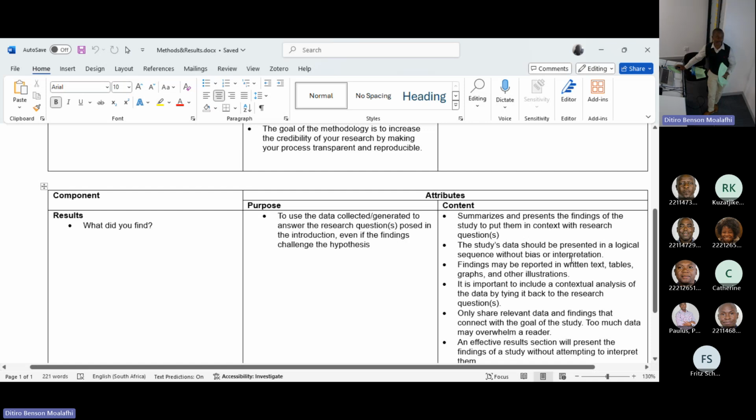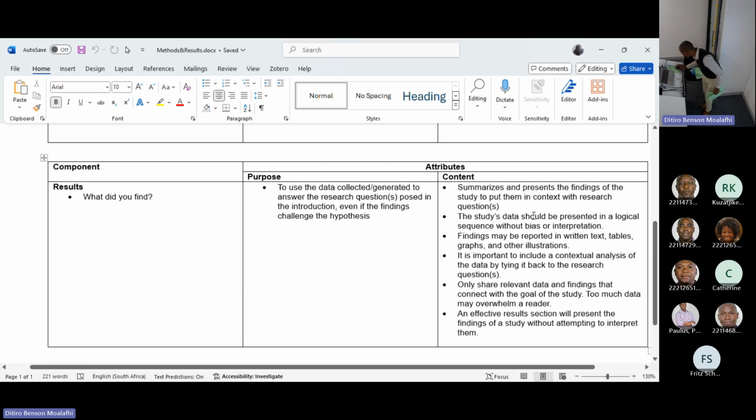Sometimes you combine the figures in one document and upload them, or combine tables in one document. In some journals, tables are treated as text and placed in the middle. So it really depends on which journal you are submitting to, which you have to familiarize yourself with. Pick that journal, take a sample, have a look, go through it and appreciate what will be needed. That will be very helpful for you.